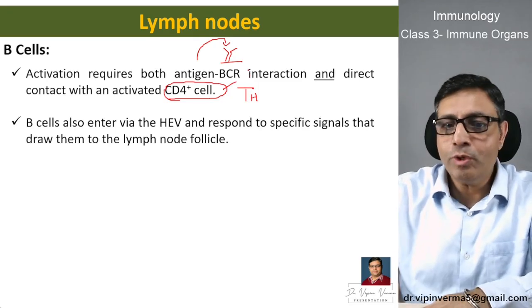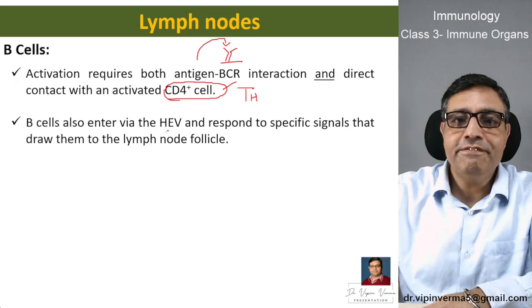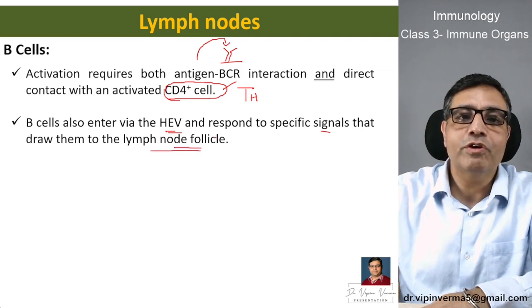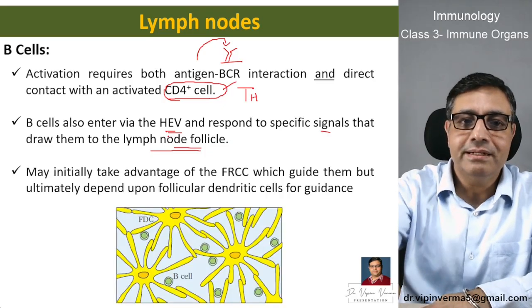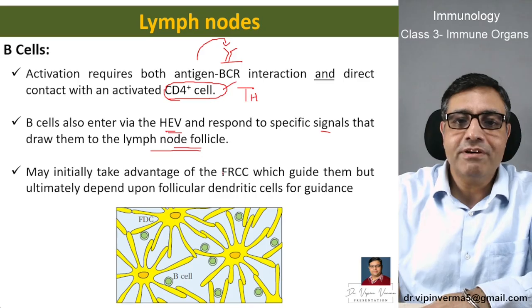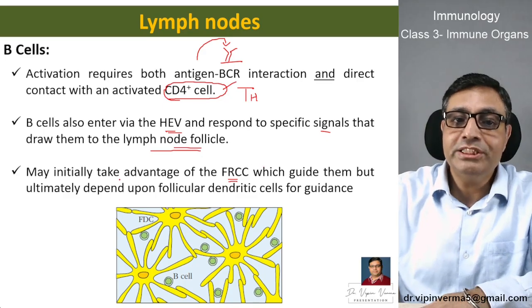B cells also enter via HEV, the high endothelial venules, and respond to specific signals that draw them to the lymph node follicles. That is one of the ways through which B cells can enter. They may initially take advantage of the FRCs, just like T cells, which were gliding on the FRCs.